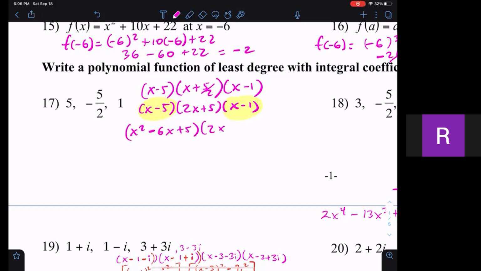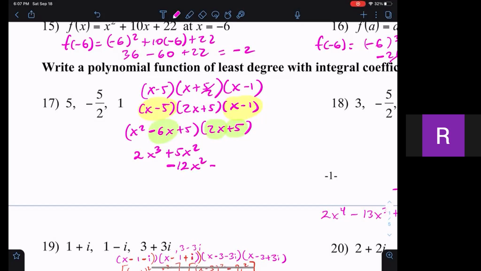And then I have 2x plus 5. So I need to compute this, right? I'm going to do this, this, and this. So this is 2x cubed plus 5x squared, okay? Then I'm going to work it out with this one right here, this, and that. So that's going to be negative 12x squared.